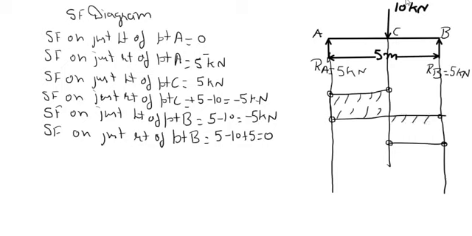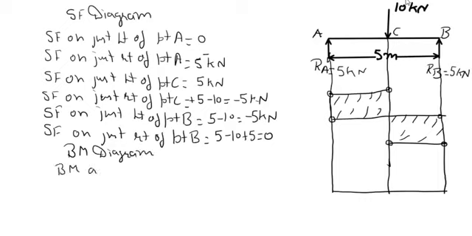Now to draw bending moment diagram, take again one reference line. Now we have to calculate bending moment on each point. So first point is point A. Bending moment about point A. So on the left side of point A there is no force, so bending moment is 0.